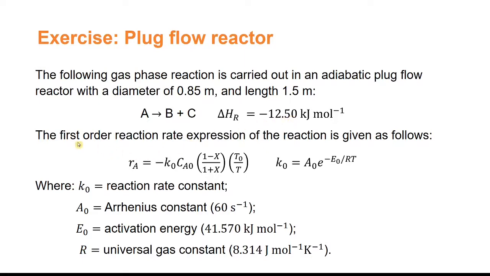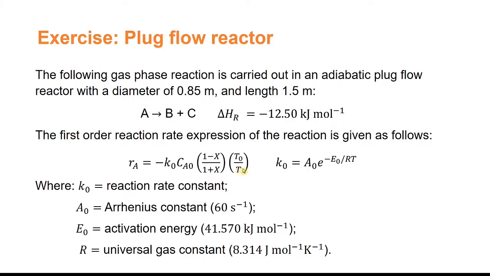Now, we are given a first-order rate expression for the reaction rate, and it is given in terms of the conversion of A. So here we have the rate of generation of A. K0 is the rate constant, Ca0 is the inlet concentration of A, and X is the conversion of A. We can also see that the rate expression depends on temperature.